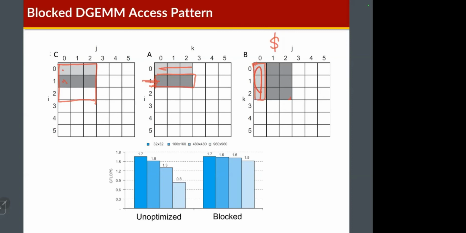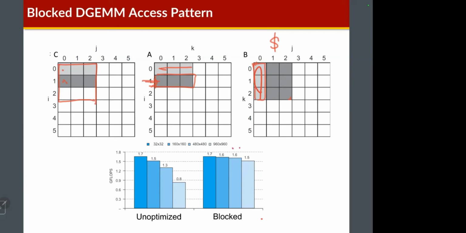This graph shows the performance of the unoptimized version of matrix multiplication and the blocked matrix multiplication version. The y-axis represents gigaflops, the number of floating-point operations per second, and we can compare the performance with various matrix sizes: 32 by 32, 160 by 160, and so on.